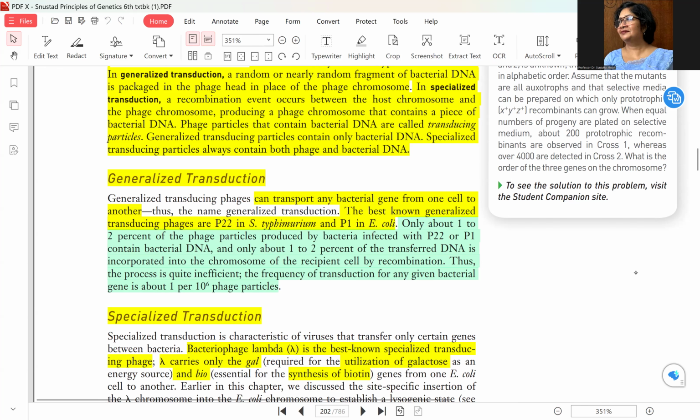When this virus subsequently infects a bacterial cell, it injects the bacterial DNA into that cell. So the bacteria then gets a copy of those sequences in its cell, even though it already contained those sequences in its chromosome.